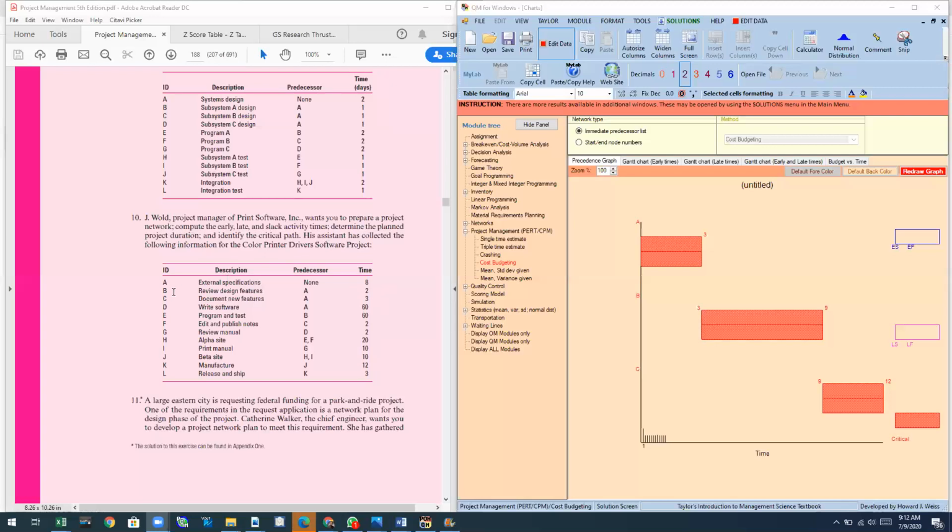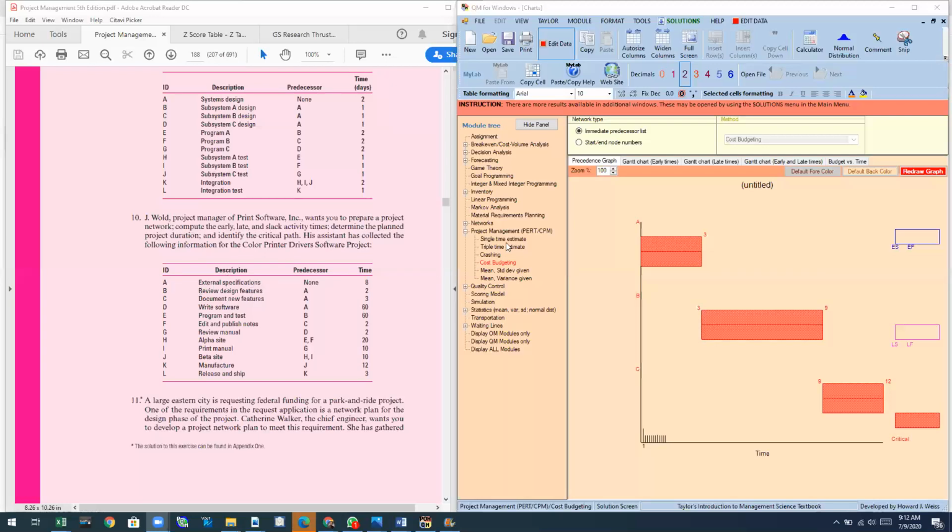As you can see here, the data is structured in a node pattern where the activity is identified on the node. So we call this activity on node, AON. The information about the activity is presented on each node.